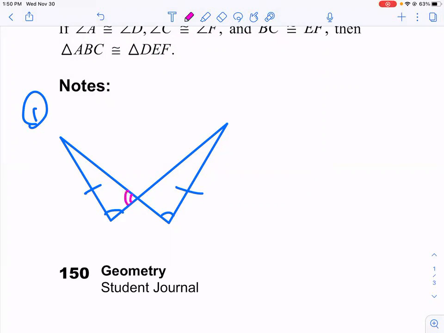Okay, so these are vertical angles. So notice how we have two angles and a side that is not in between the two angles. So we call this angle, angle, side, because the side is not in between the two angles.